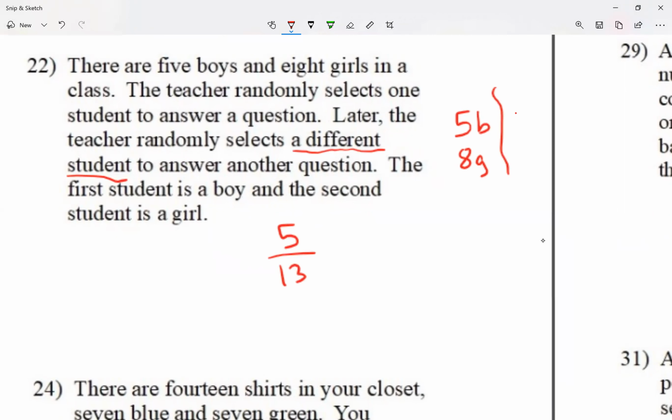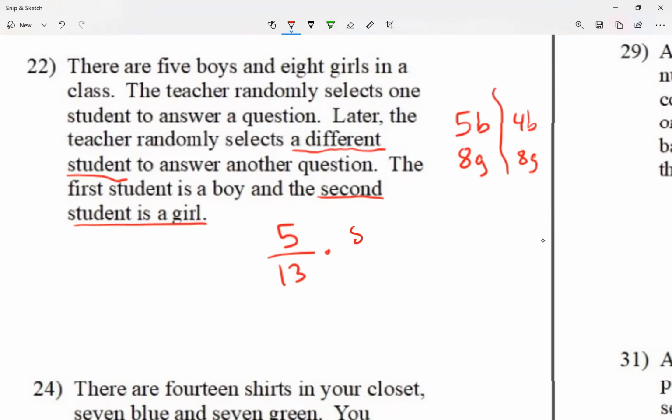And the second choice, there's 4 boys and 8 girls, right? Because he chooses a different student. The second student is a girl. So there's 8 girls out of 12. The outcome of the first one did affect the second one, so this is dependent.